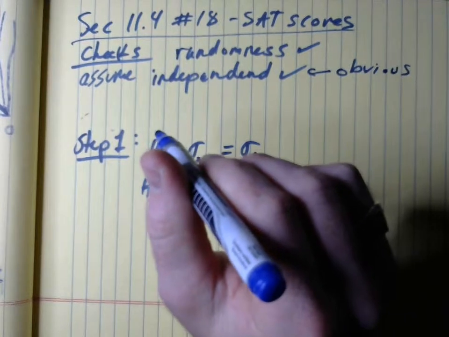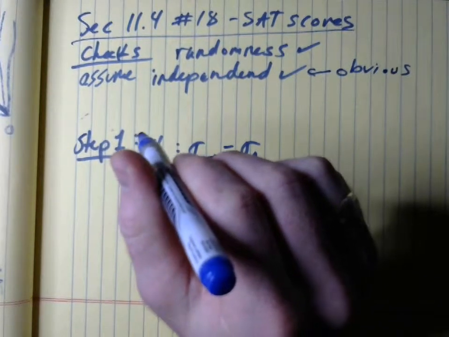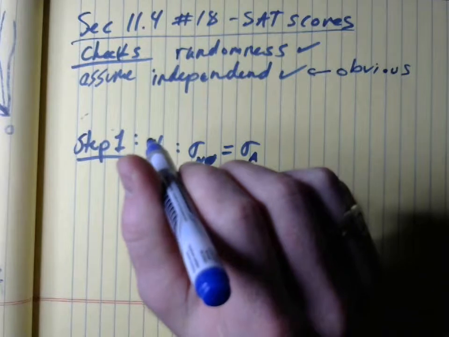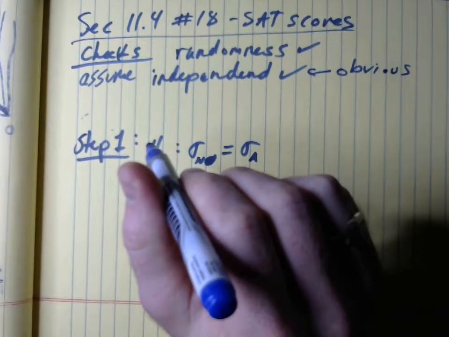The population from which the sample is drawn is normally distributed. Is there any mention of normally distributed?